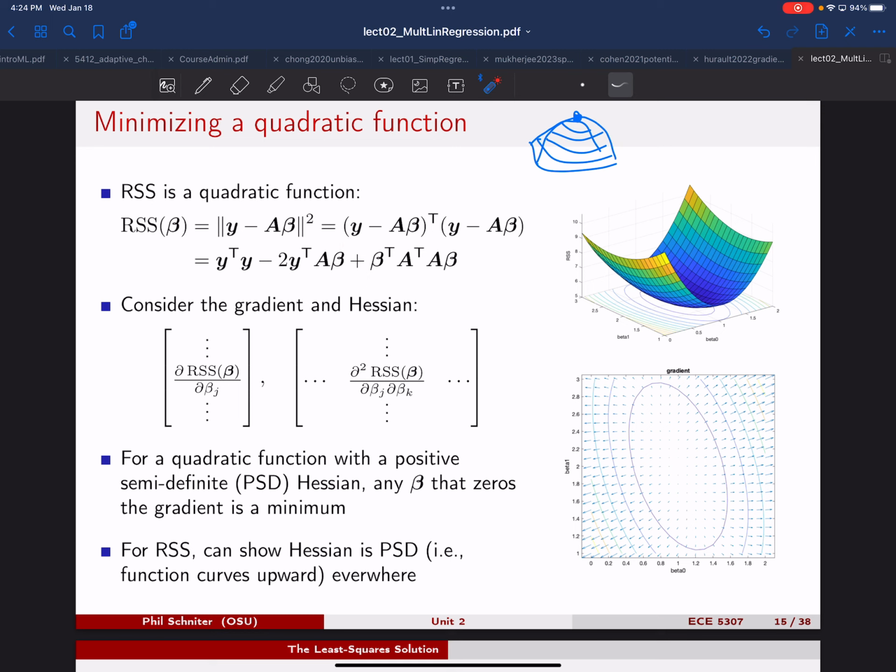We can expand this into the first transpose the first, which is this term. And then we get cross terms. It turns out both cross terms have this form. Maybe if I want to be really explicit, there's going to be a minus beta transpose y, and then a minus y transpose A beta, right?